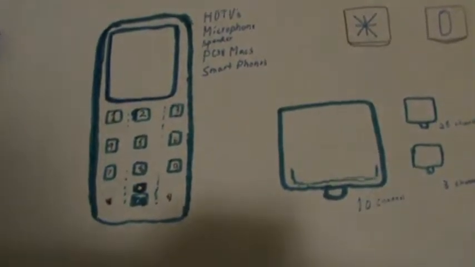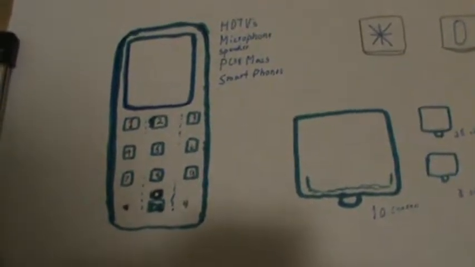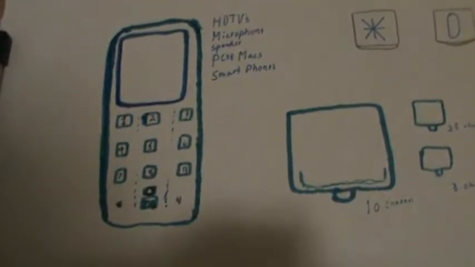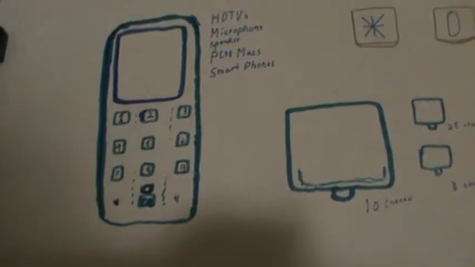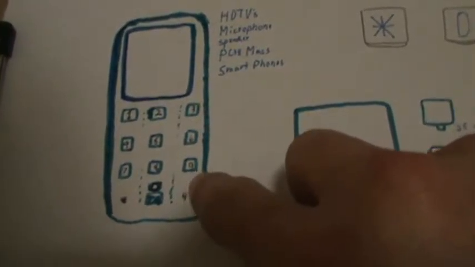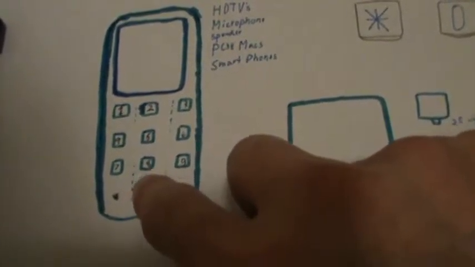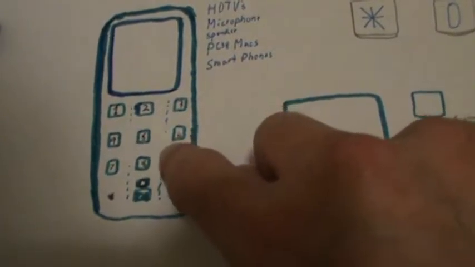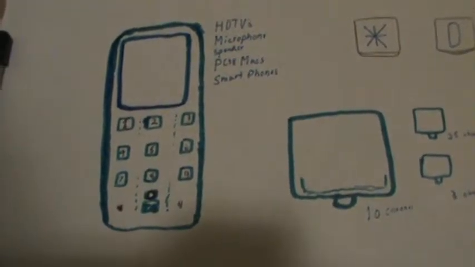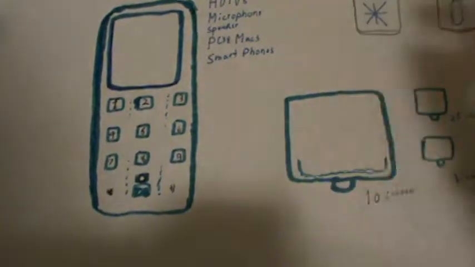Maybe the old model phones from nearly 13 years ago. I remember I had those, and nowadays a lot of people have the chocolate phone or the smartphones and touch phones, iPhone 5s, but you would have had to dial a certain number on the keypad just to find out how many minutes you have remaining on the phone, etc.